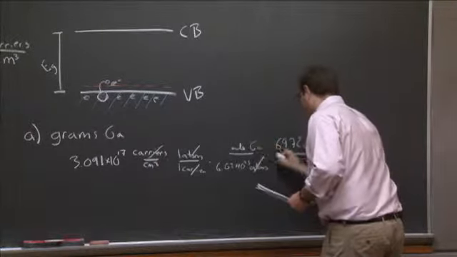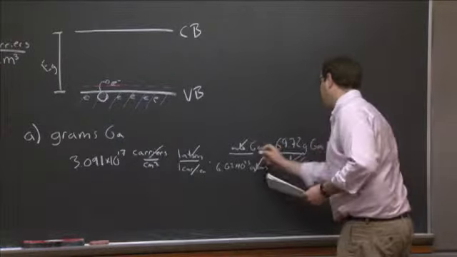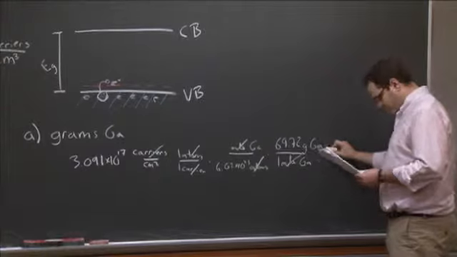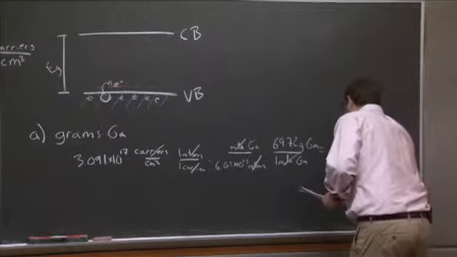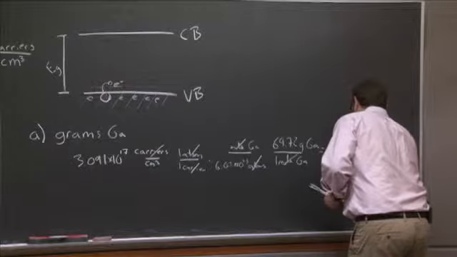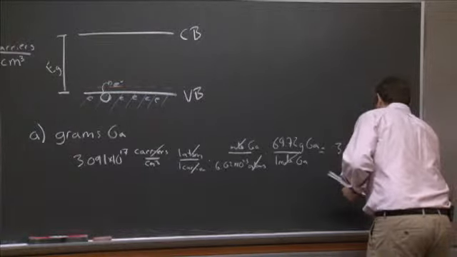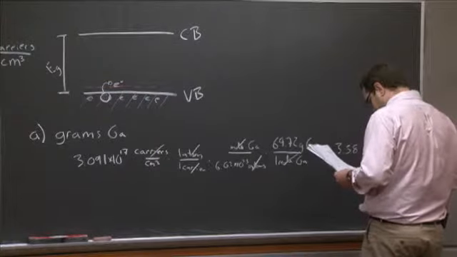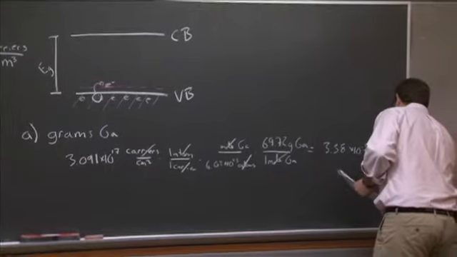Put gallium here to be clear. 1 mole of gallium has this much mass, okay? And you're left with something like this. You're left with 3.58 times 10 to the negative 5 grams gallium per centimeter cubed.